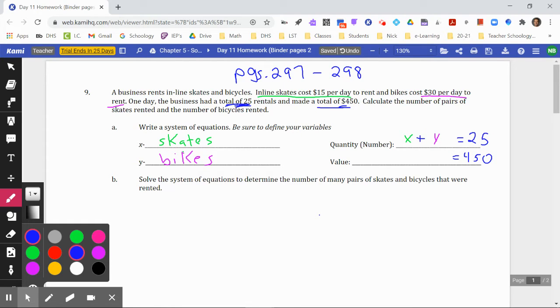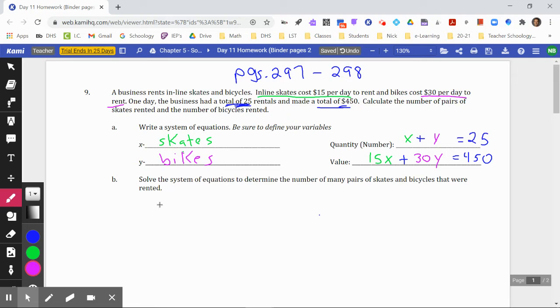All right, well, how much does it cost? Well, I have that up here. It's going to be $15 per skate plus $30 for the bikes. All right, so now I have my 2 equations. Now I'm ready to solve my system of equations to determine the number of pairs of skates and bicycles that were rented.